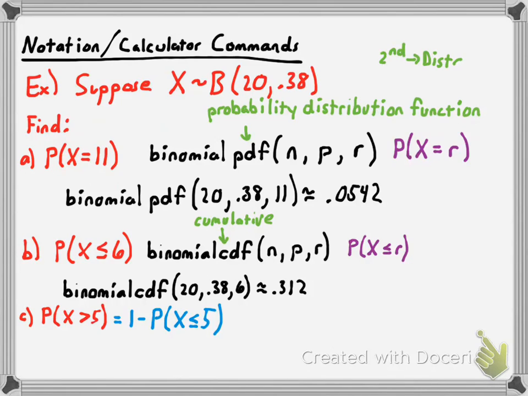Try it out. There's what you're typing. And the result is we see that we're going to have about a 0.833 chance, an 83.3% chance of getting at least 5 successes in this binomial experiment. All right, so there's the calculator notation.